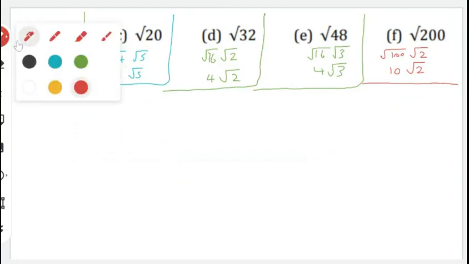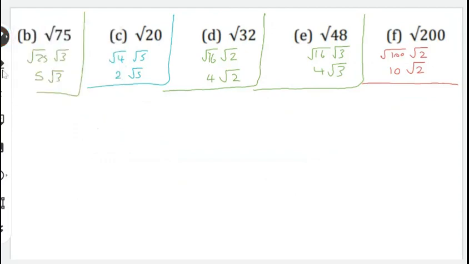Imagine I wanted to simplify this. So still on the same slide, 3 times the square root of 45. Well, it's the same thing. It's just recognizing that there's a 3 there as well. So that's the same thing as 3 times the square root of 9 times the square root of 5.